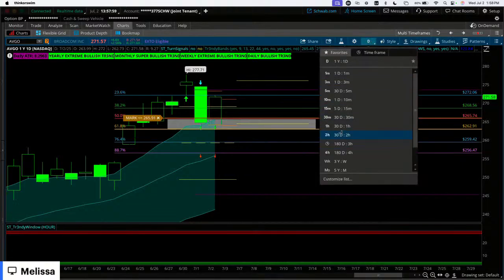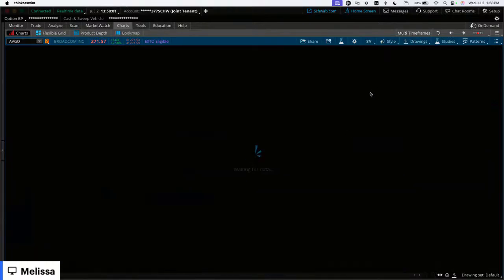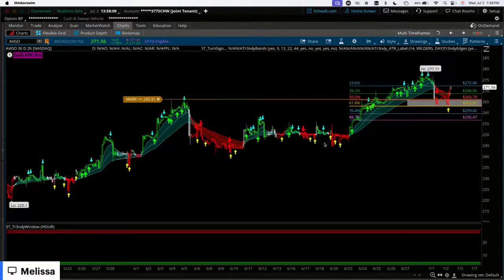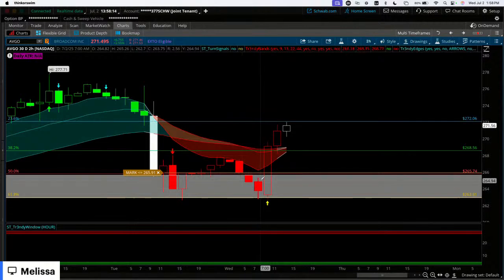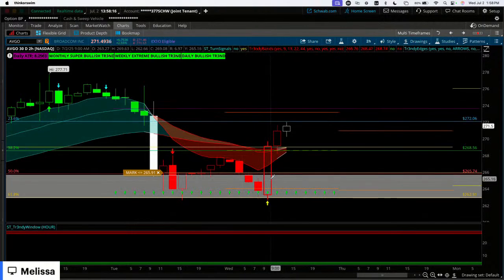Then I will go to the smaller time frame chart. I will put an alert at the current low. And if that alert goes off, I write a note, lower low. So I know there's nothing for me to do. If the next candle makes a lower low, then I don't do anything.